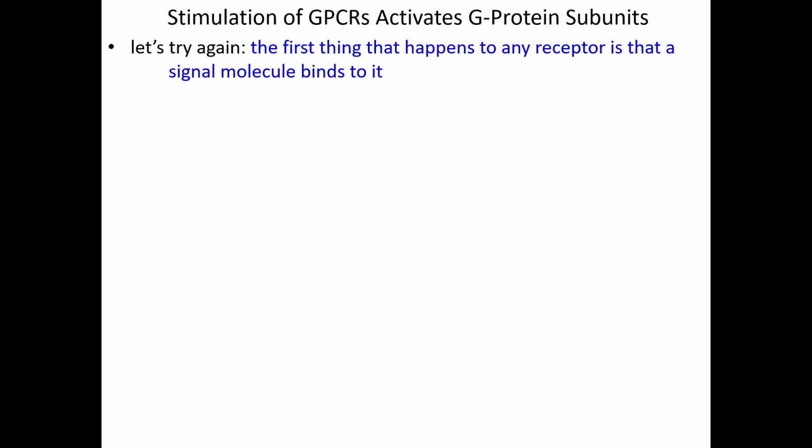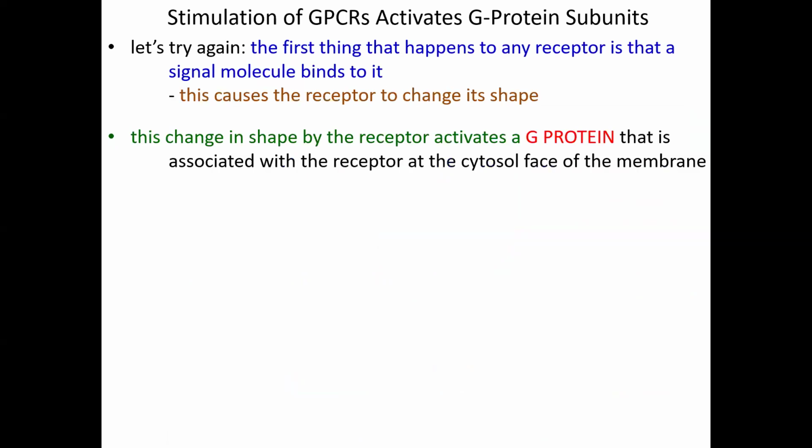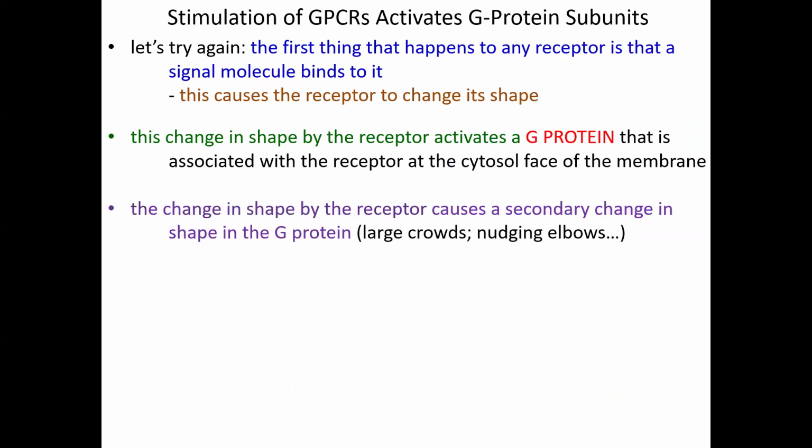So first thing that happens to any receptor is a signaling molecule binds to it. That causes the receptor to undergo a conformational change. This conformational change in the receptor activates the G protein that's associated with that G protein coupled receptor. Again, you can think of this as the signaling molecule binds to the receptor and kind of forces and elbows its way into it.